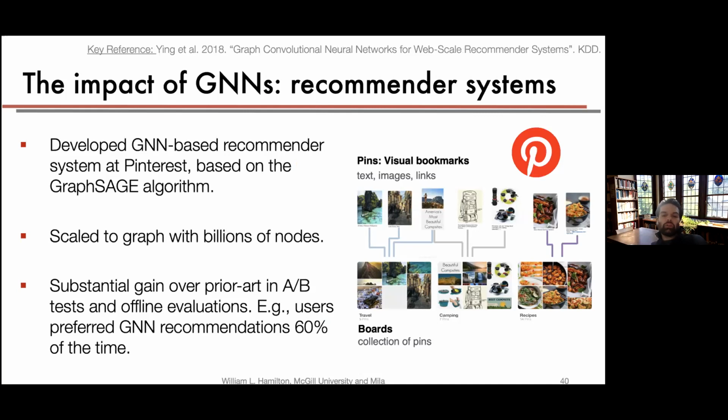This was scaled up to graphs with billions of nodes, something that really wouldn't have been feasible with more traditional approaches. And we were able to actually get substantial gains in terms of things like A/B studies and offline evaluations, in terms of the performance and the quality of our recommendations. So GNNs have risen a lot in popularity, but they've also had really important and major real world impact.